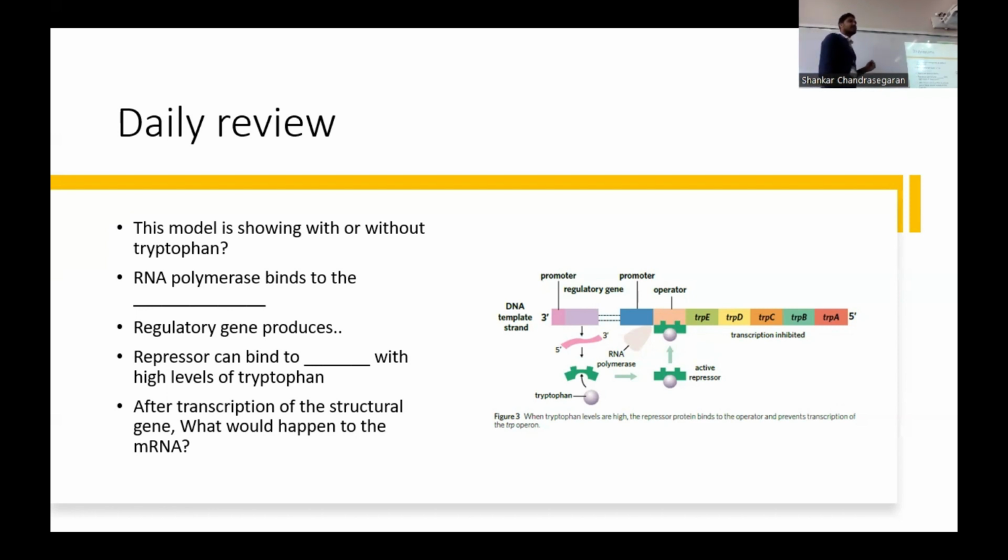All right, can I get Abi? What are the 2 regulatory proteins that regulatory genes can make? There's only 2 examples that we were given. So these are the 2 regulatory proteins that can be made using regulatory genes. I'll give you a hint, one of them is already there.